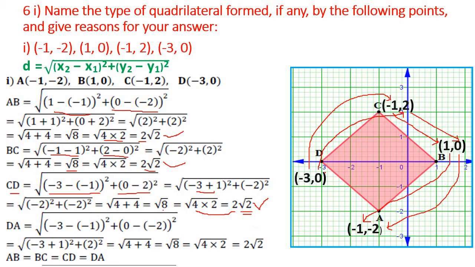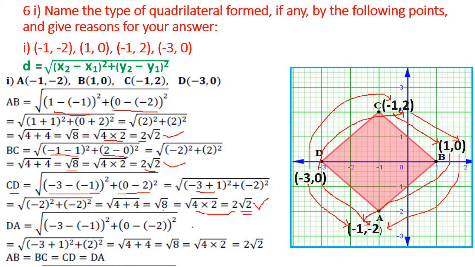Then again, find the length of DA. The length of DA is the square root of (x2 minus x1) whole square. So (minus 3 minus of minus 1) whole square, then (0 minus of minus 2) whole square.